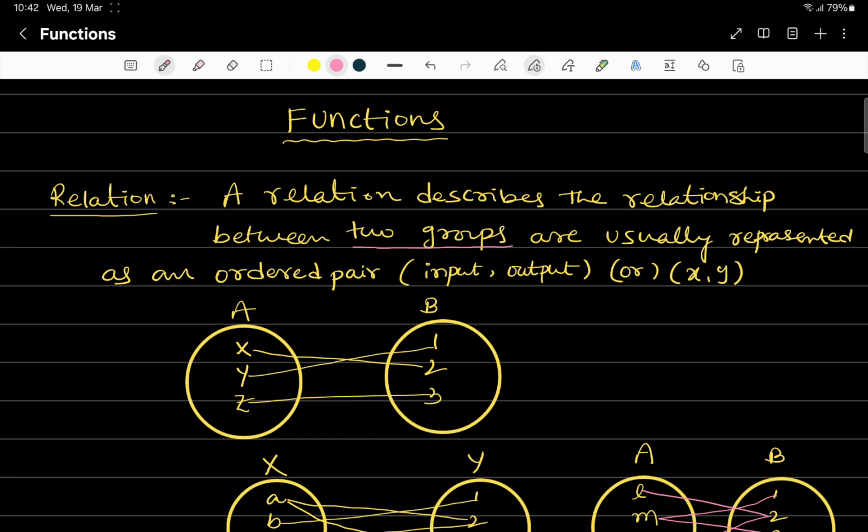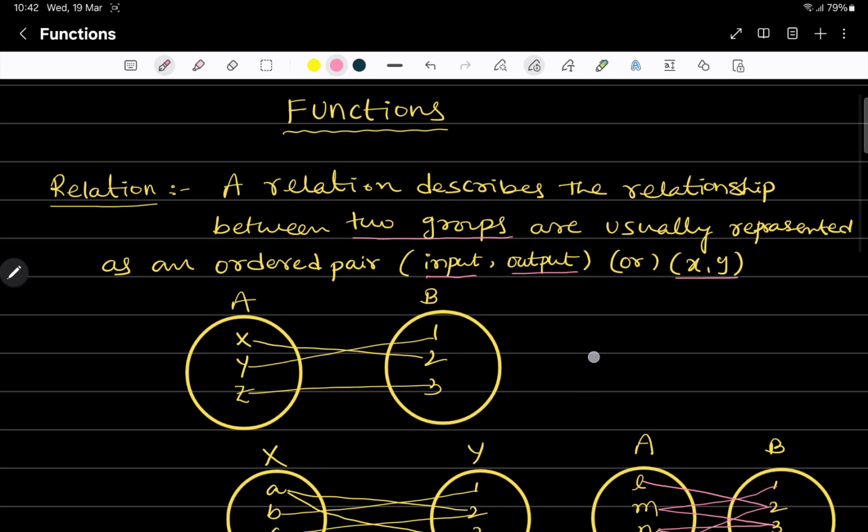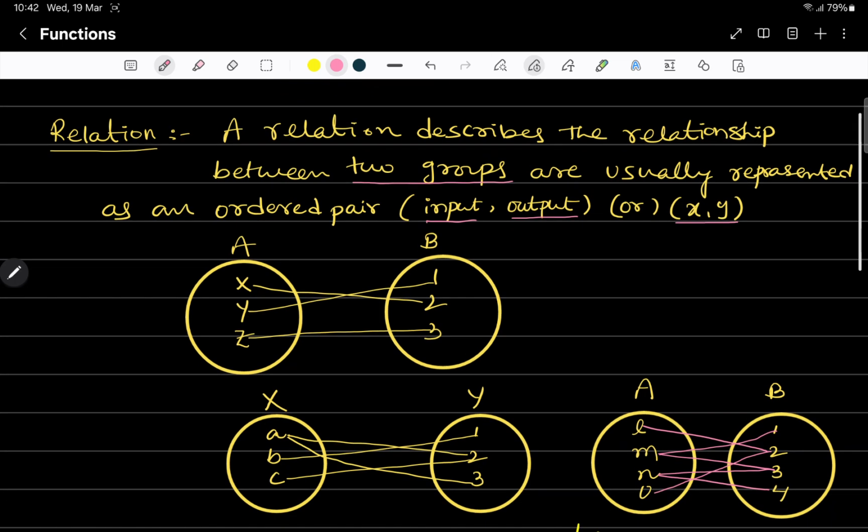So generally, a relation is a relationship between two groups, usually represented as an ordered pair like input and output, or x comma y. For example, I have taken here two groups.